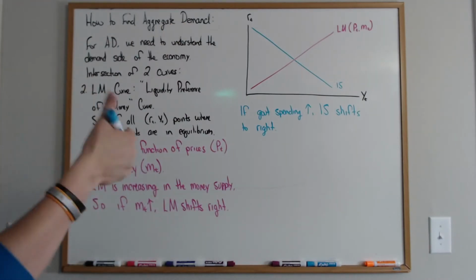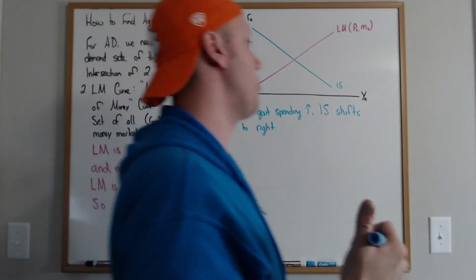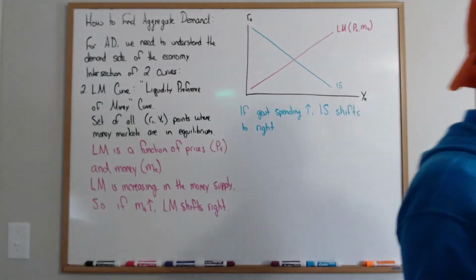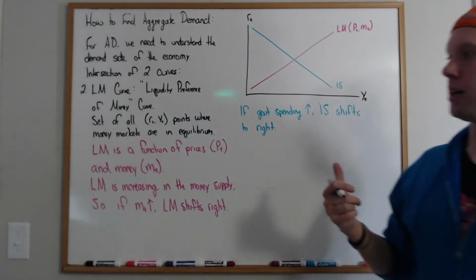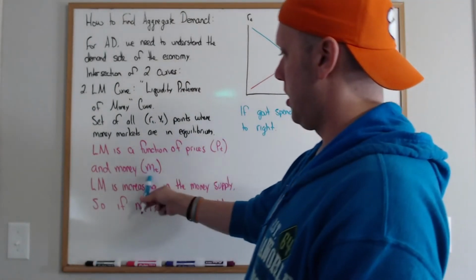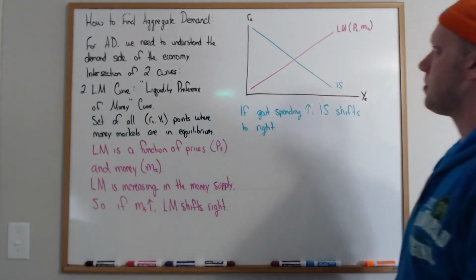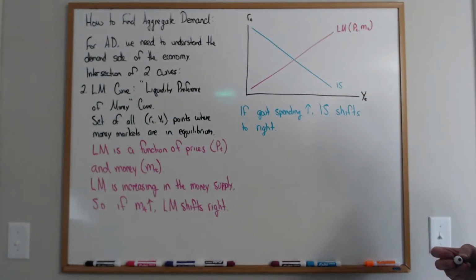So if there's a government spending shock, a positive government spending shock, the IS curve shifts to the right. If there's a positive monetary policy shock, a change of the money supply, the LM curve will shift, well, to the right.